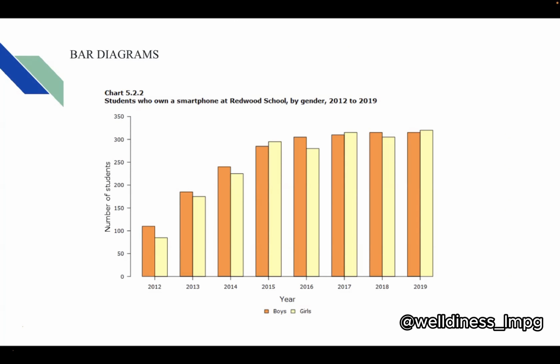As for 2016, the boys have about 300 and the girls have about, let's say, 250.